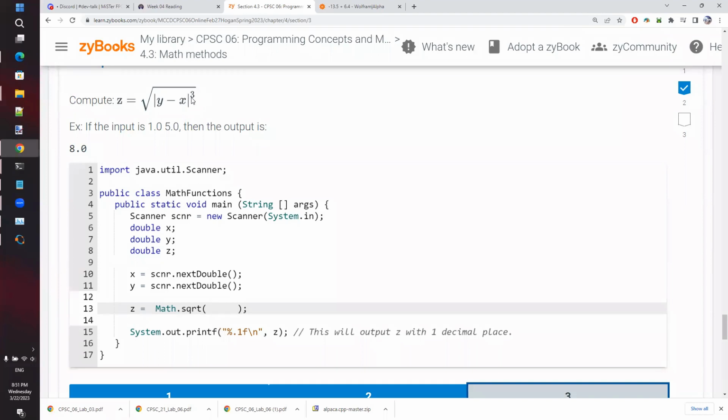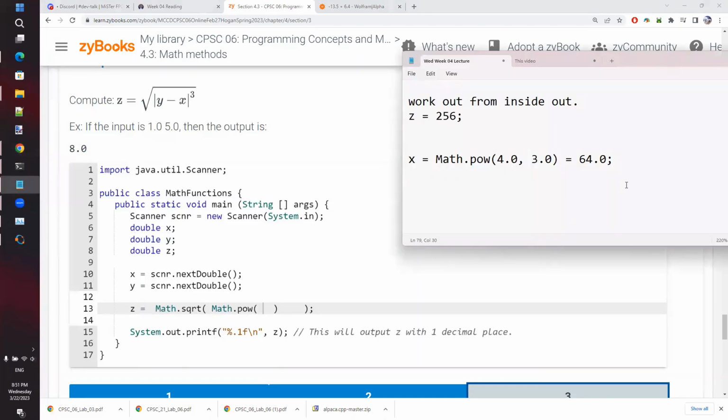But actually, the absolute value is cubed. That's a power of 3. So what we actually have to do is use Math.pow. The whole thing is now to the power 3. And remember, pow takes 2 arguments. When you write 4 comma 3, that means 4 to the exponent 3.